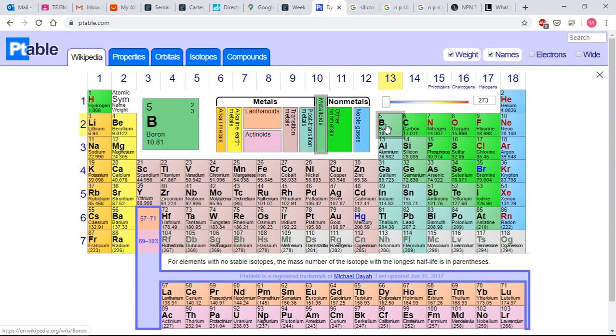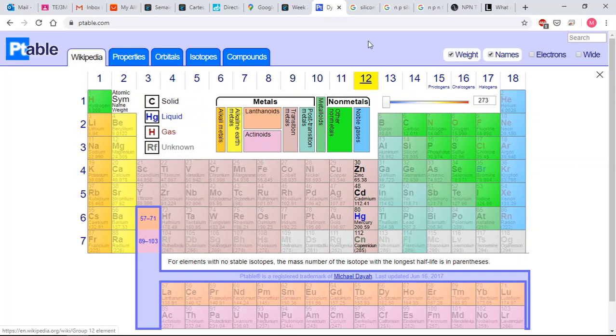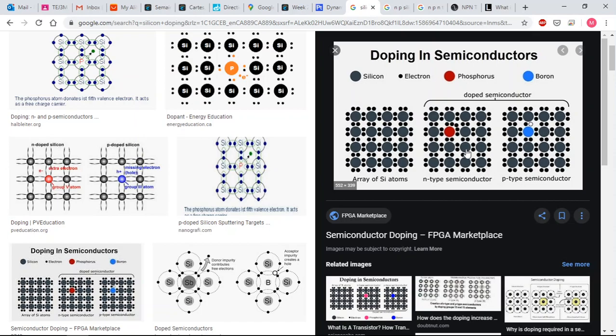If I put a boron atom in it, they dope it with very little concentrations, so it's mostly silicon with just a bit of the impurities. So boron or phosphorus in this example. A P-type is one where you put an element from column 3. N-type is one from column 5. Makes sense because it has more electrons, so N negative, P positive.